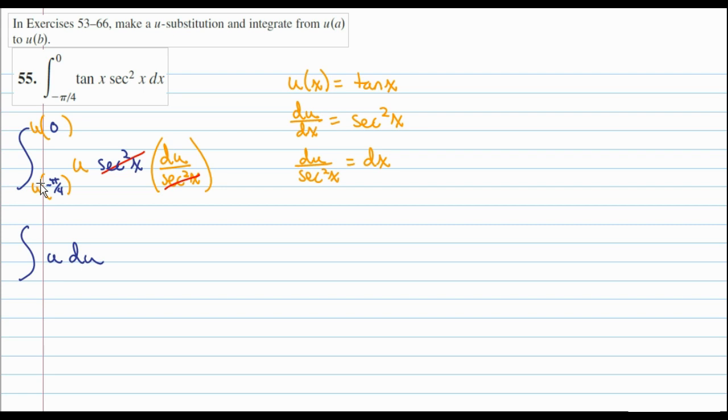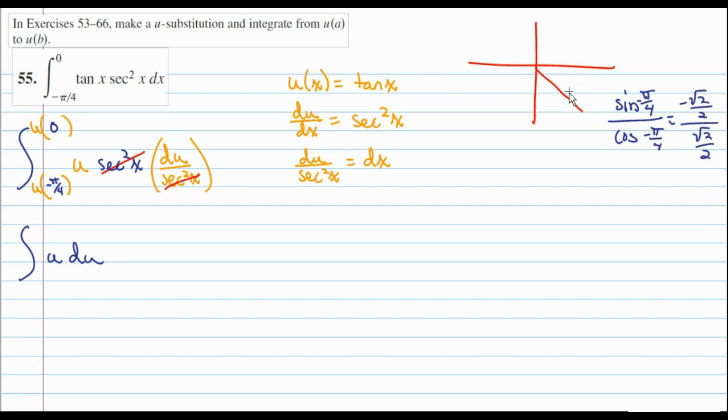So u of negative pi over 4 is tangent of negative pi over 4. If you forget how to do that, negative pi over 4 is in quadrant 4, and the rest of your work is over here. That equals negative 1. Now the upper limit, tangent of 0, is simply sine of 0 over cosine of 0, so 0 over 1, which is 0. I take the antiderivative and get 1/2 u squared, evaluated from negative 1 to 0, because those get plugged directly into u.